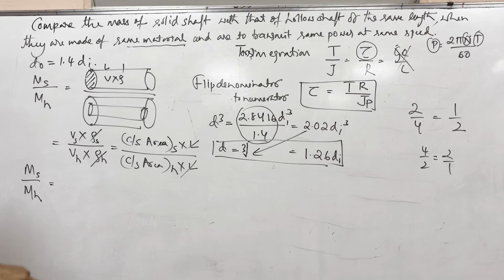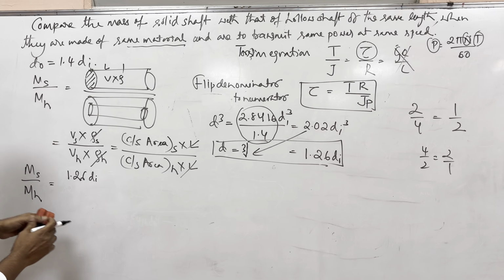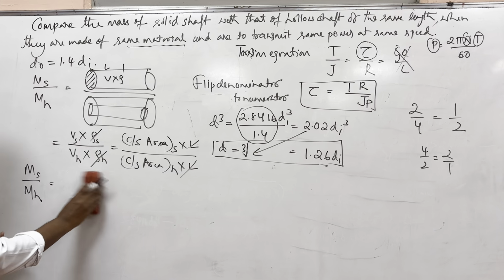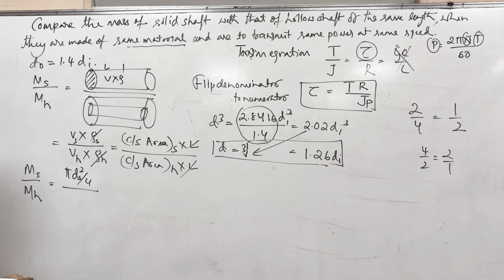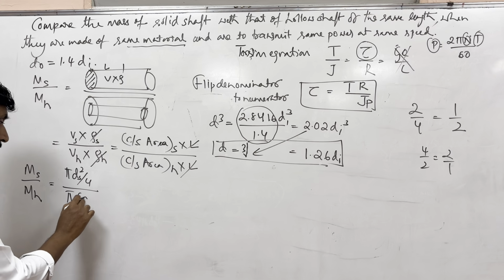For the solid shaft, D is equal to 1.26 di. Area is pi d square by 4.